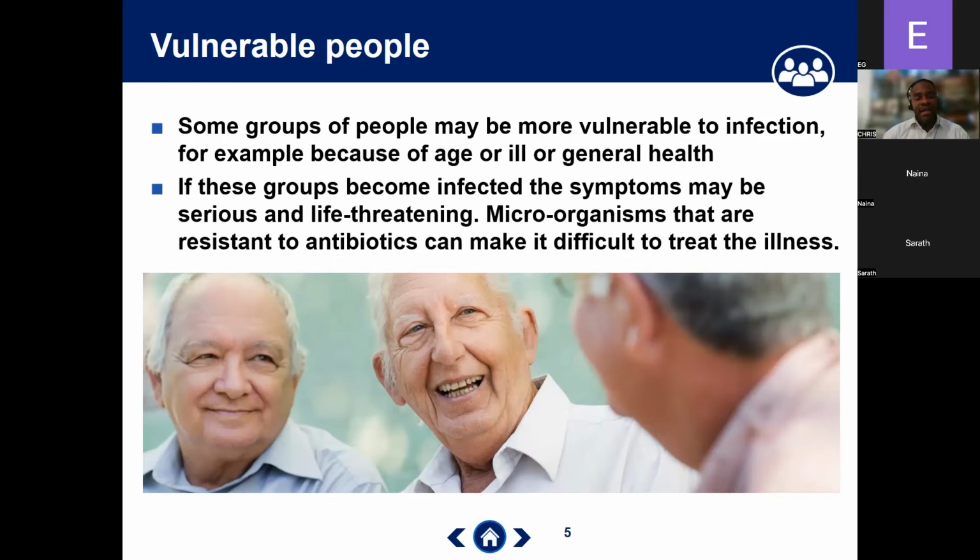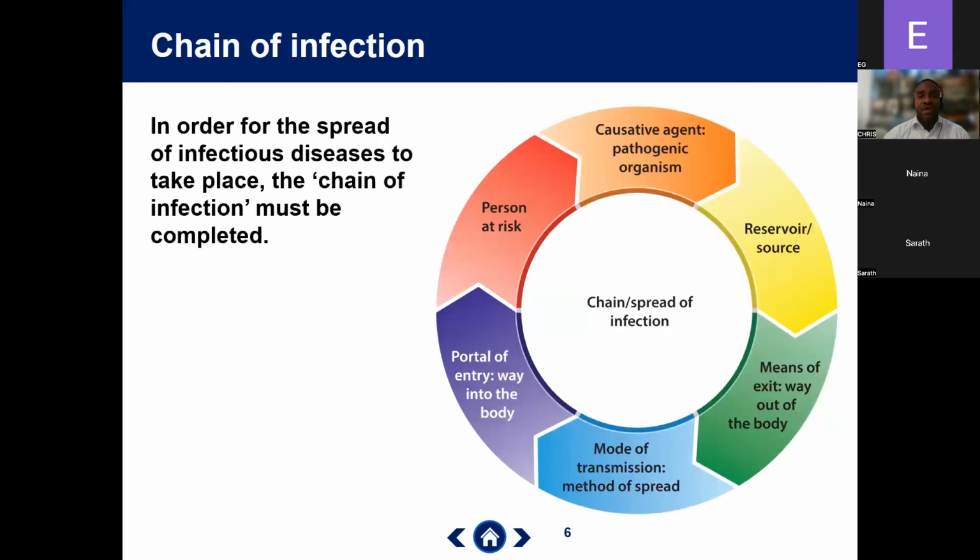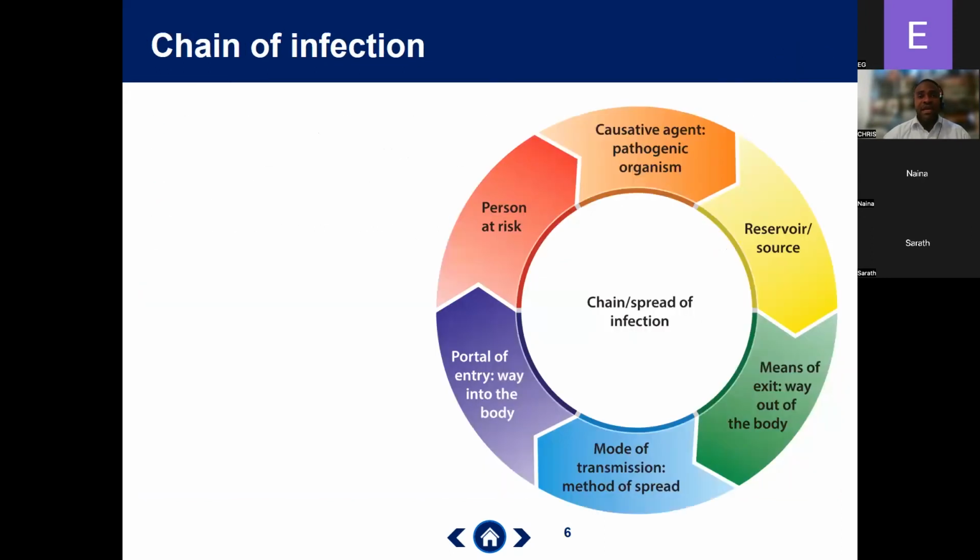And that is why in the health and social care environment, particularly adult care, we do everything possible to make sure they don't get infected. Some of the things that we do we are going to be talking about. But we can't talk about that without looking at the chain of infection.